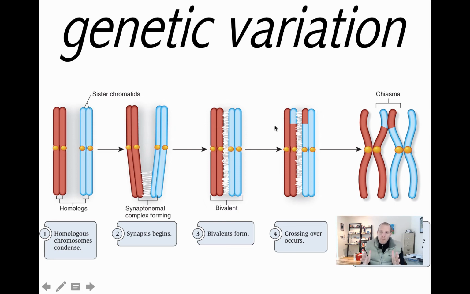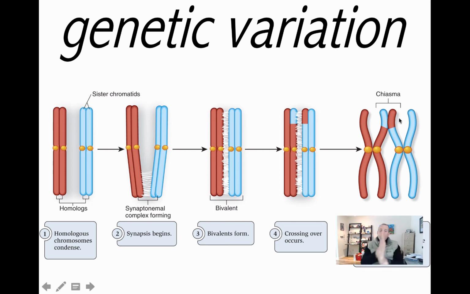Then we're going to see a reciprocal exchange of information. That's when information on one of the sister chromatids will be swapped with information on the sister chromatid in the other homologous chromosome. So if this is the chromosome from mom, and this is the chromosome from dad, and these are the sisters, we see a reciprocal exchange of information, a process called crossing over, and the structure that forms is shown here on the right-hand side, called a chiasma.